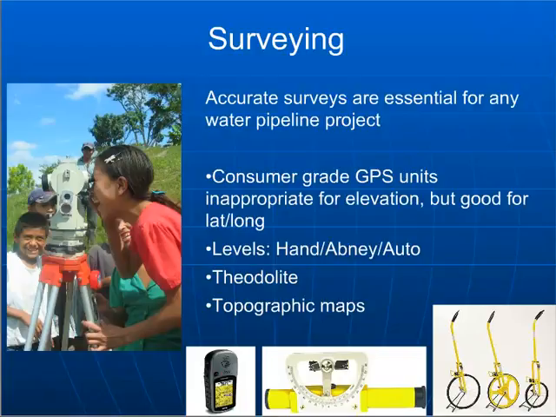Okay, so I'll mention just a little bit about data collection and surveying for these systems. For water projects, I think having accurate survey data, good topography data is really important, all the way from the conceptual design phase when you're really trying to work with the community to figure out what the extents of the system are going to be.